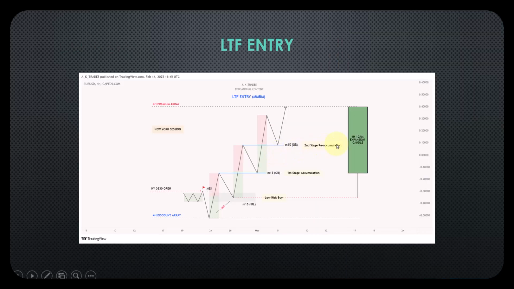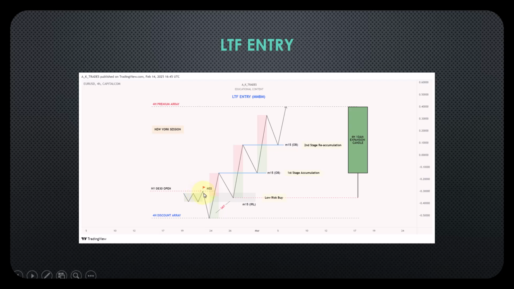Now, when we come to our lower time frame, we also apply our market maker model here in order to fine tune our setups and find high probability trades. Now, if you consider the New York 8:30 opening price here, the red flag here is our impact news.